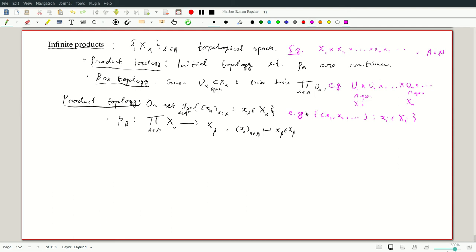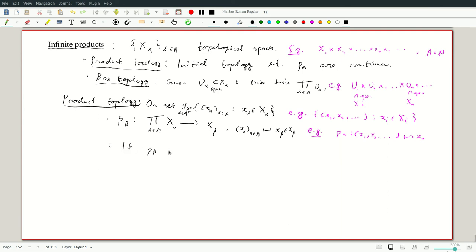So in the example case, we have Pn will map x1, x2, etc. to just the nth coordinate. So these are the coordinate functions. Okay, so what does it take for these to be continuous?